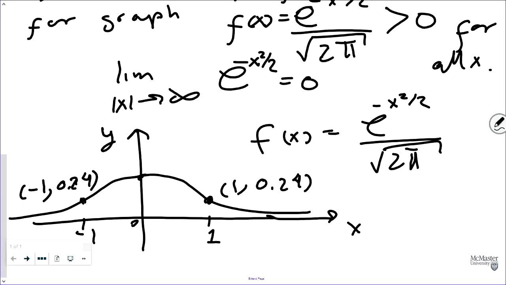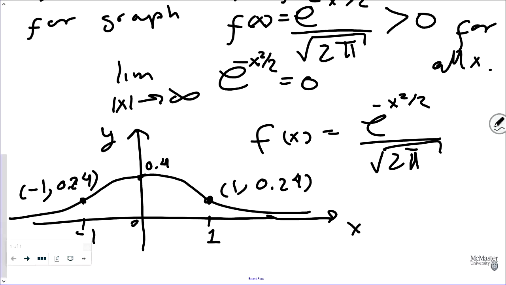The maximum value of the function is achieved at 0 with the value f of 0 equal to around 0.4. So if you have not seen this before, this is a normal distribution. It also has the name of a Gaussian distribution, standard or normal standard distribution, also Maxwellian if you were to work in physics, but it has very important applications in probability.